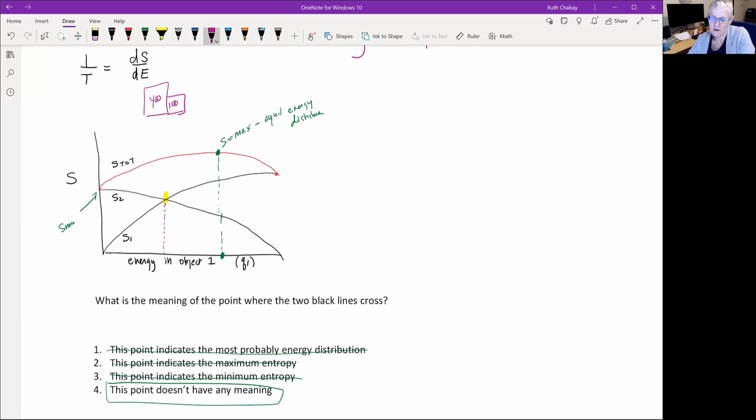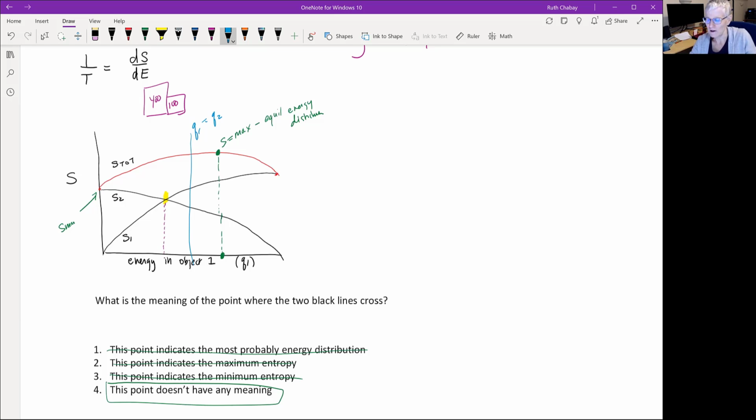For them to have equal amounts of internal energy above the ground state, then Q1 would have to be equal to half of the total possible, right? So it would be maybe sort of here where Q1 equals Q2.